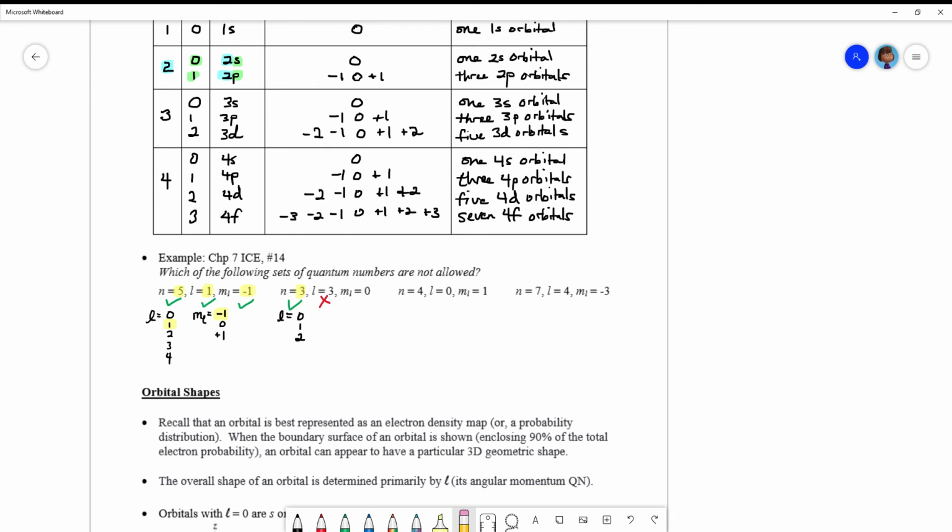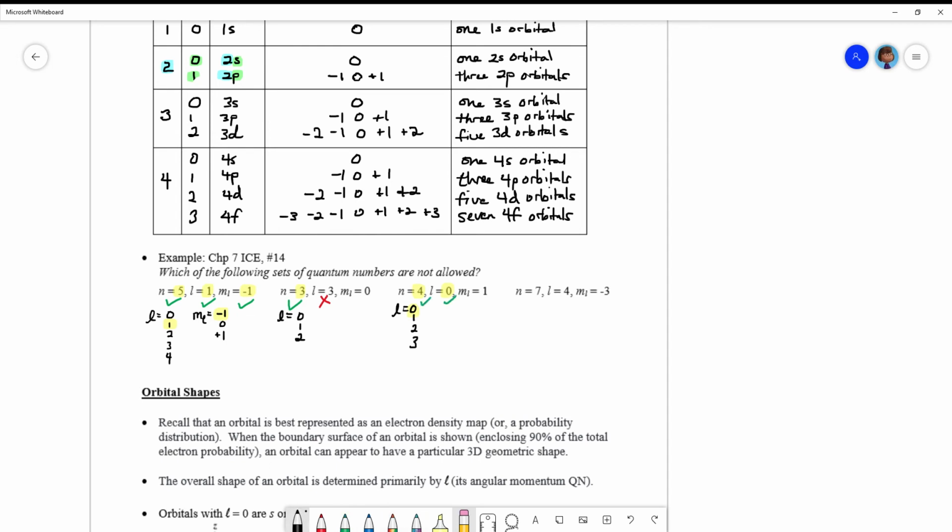Now, in our third example, we're given a starting value of n equal to 4. And that's perfectly allowable. Any whole number starting from 1. Now, when n is equal to 4, L can take on values of 0, 1, 2, and 3. And so 0 is an acceptable value. So let's put a check here and a check here.